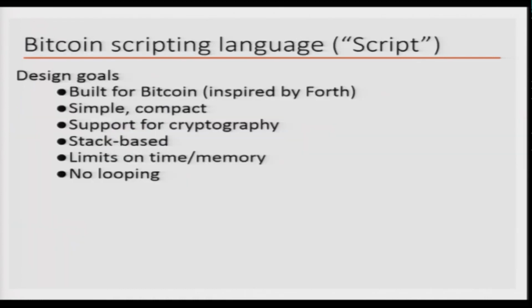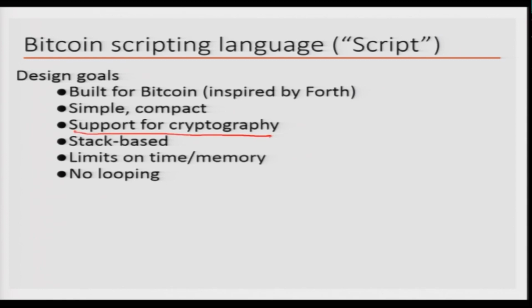The goal of the Bitcoin scripting language is to have a simple, compact way of validating transactions, and we want to keep the machinery to validate transactions very simple. That is why the language is also very simple. It has instructions to support cryptography.